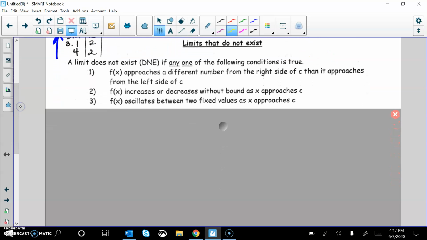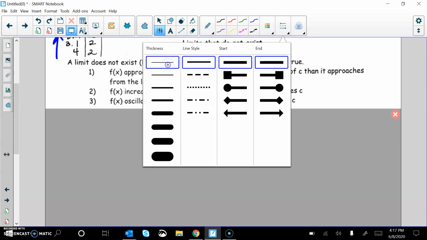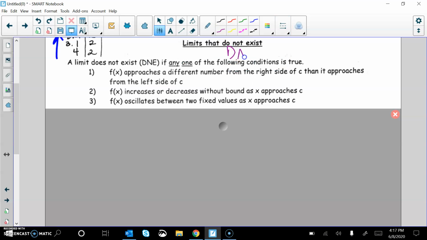All right, when does the limit not exist? The limit does not exist, and we're going to use the abbreviation DNE, or does not exist, if any of the following conditions is true. One, f of x approaches a different number from the right than it approaches from the left. So it's approaching 2 different values. The y coordinates are going towards different numbers.